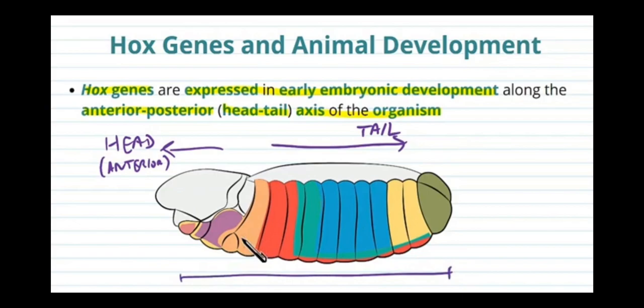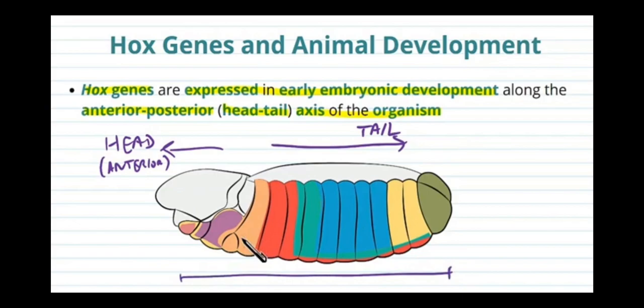Again, here the developmental pattern is shown, where the embryonic development is represented by this diagram, and the different colors show the different Hox genes which get activated, and they lead to further formation of legs and other details in the embryo.